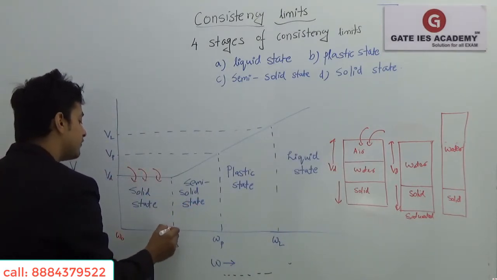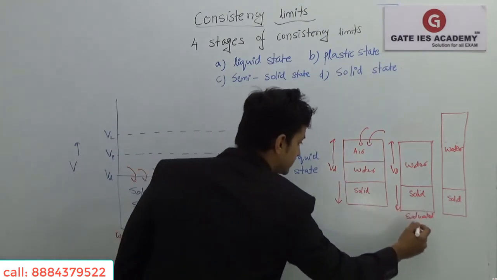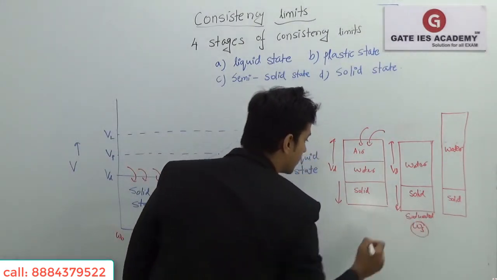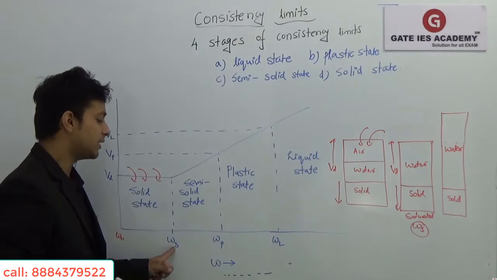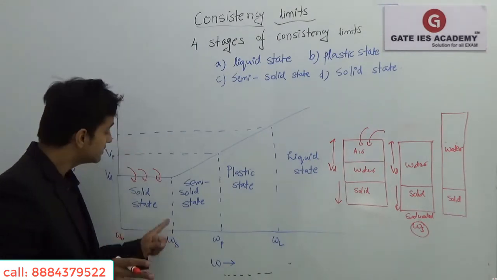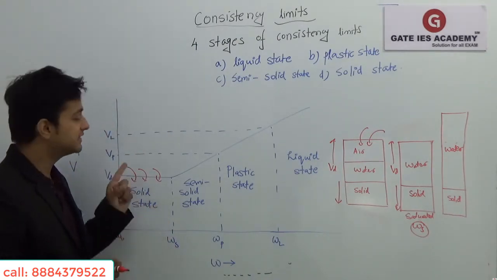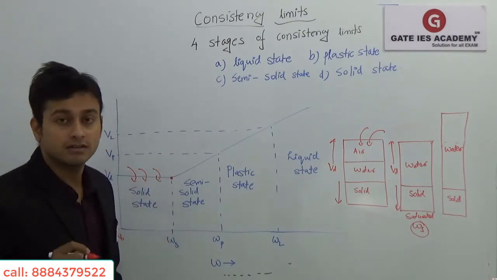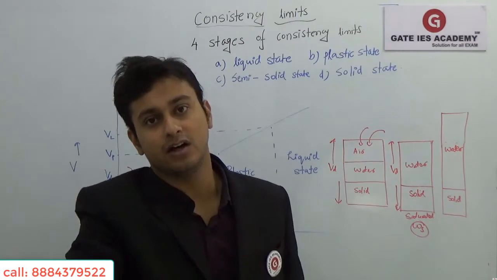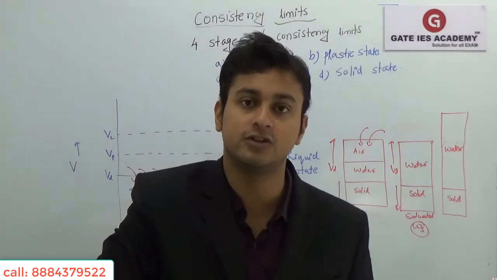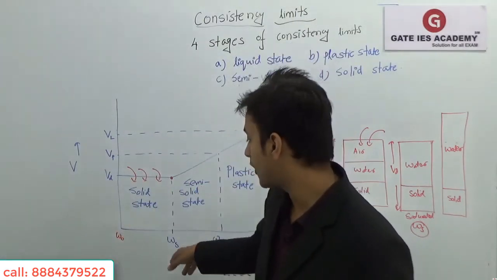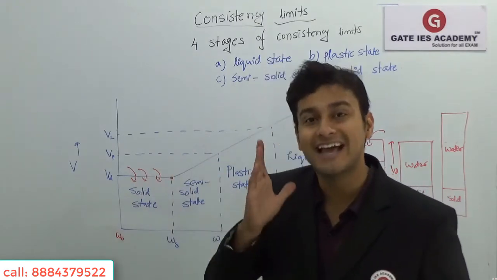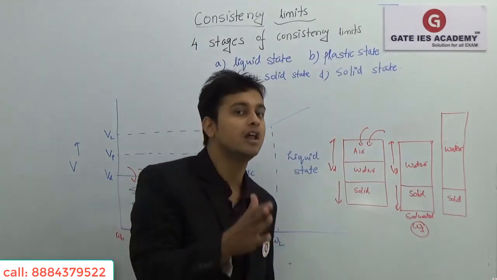The final water content I achieved is Ws. This is when, for the first time, saturation has been achieved. This is called the shrinkage limit, denoted by Ws.